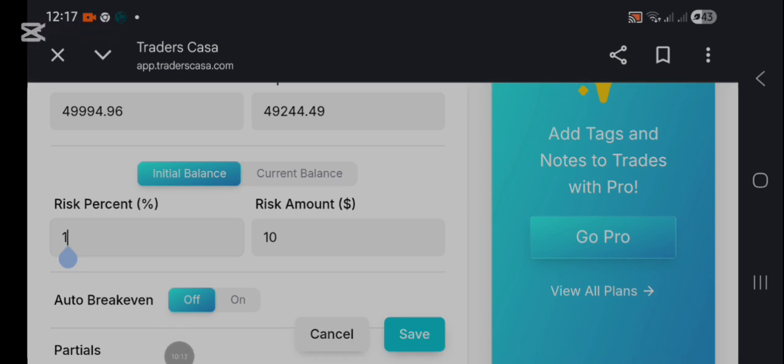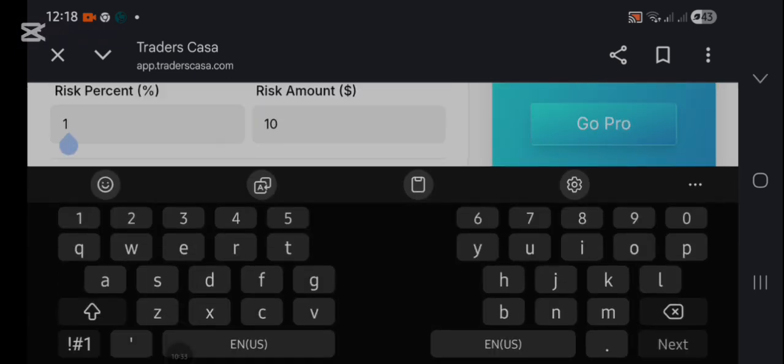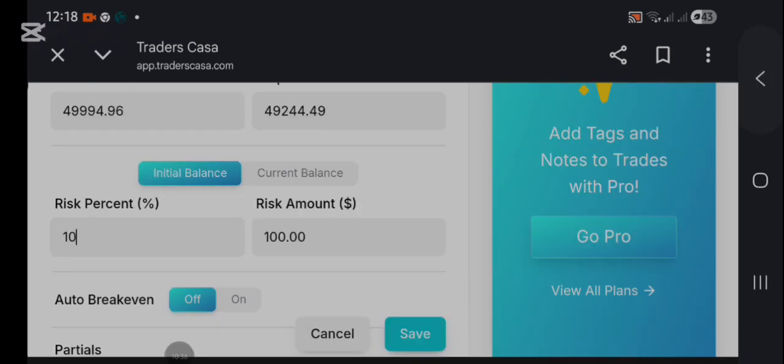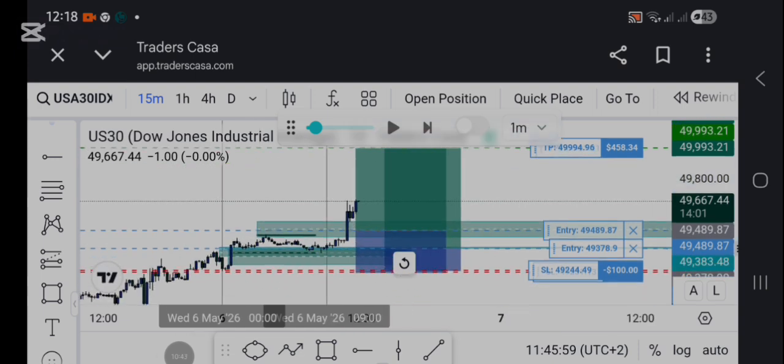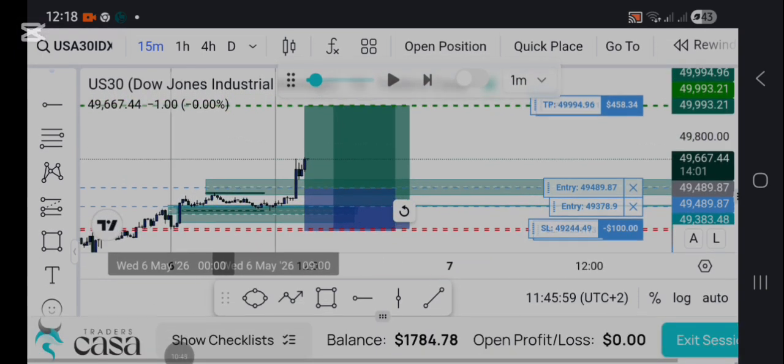The reason why I'm doing this is because once my first position gets tagged in, I would know that now I'm in drawdown, but I'm just going to make that drawdown back 10 times. I'm not saying I'm going to lose the first position, it's just my mindset and how it works sometimes.